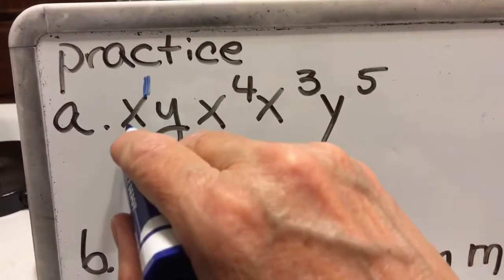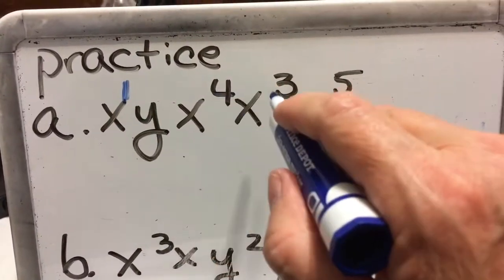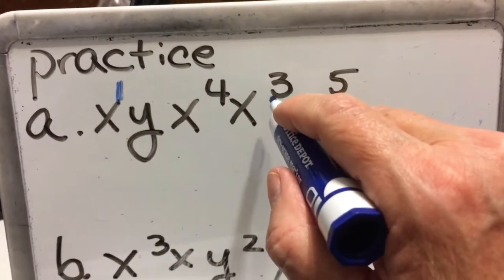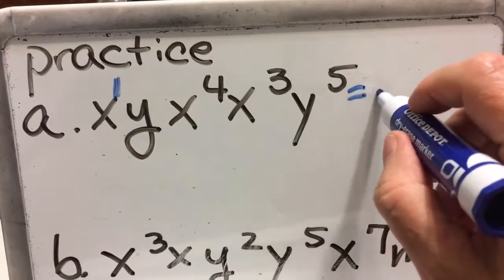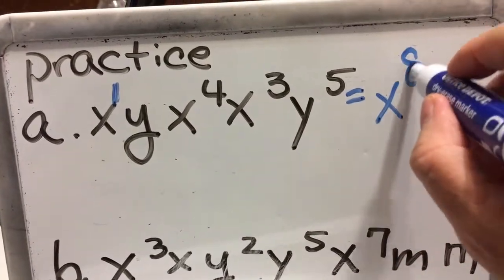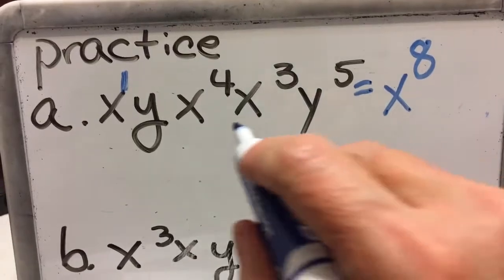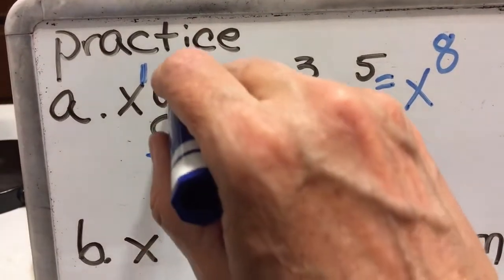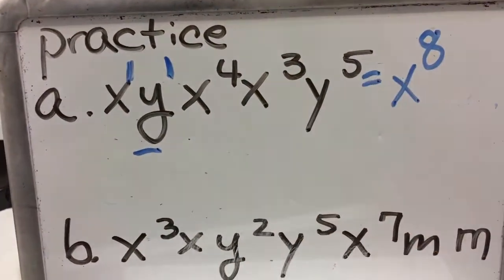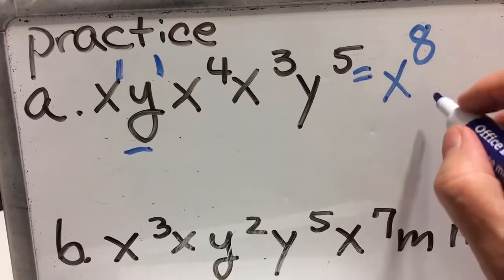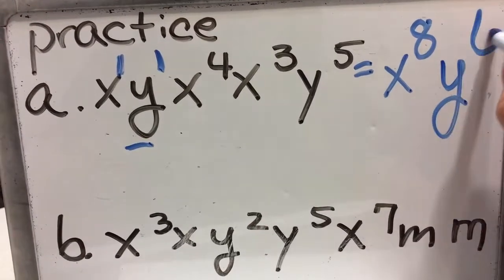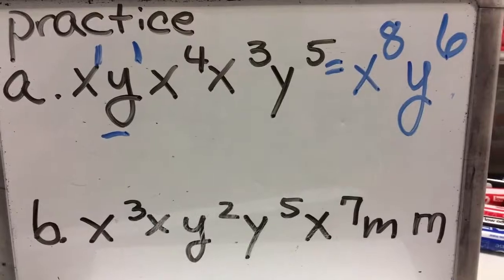So we have x to the 1 plus 4 plus 3 is x to the 8. And now we've got to go back and see what we have for y's. We have y to the 1, and y to the 5 is y to the 6th all together. So that was your practice A.